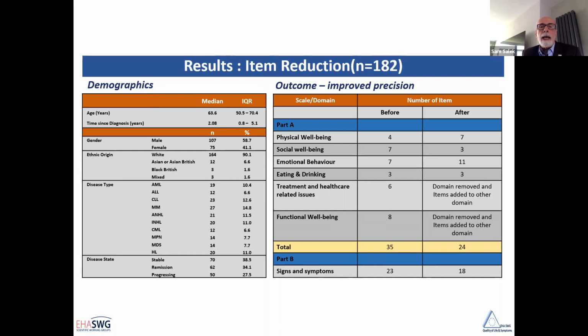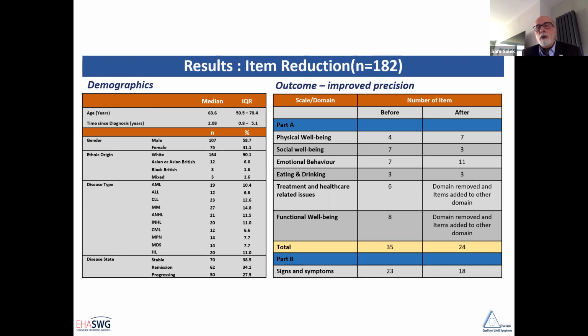So the result of the item reduction, or this refining process that we took the HM Pro through, was that we started with 35 items, statements in part A, and ended up with 24 items. For part B, the signs and symptoms, we started with 23 as the prototype measure and ended up with 18.